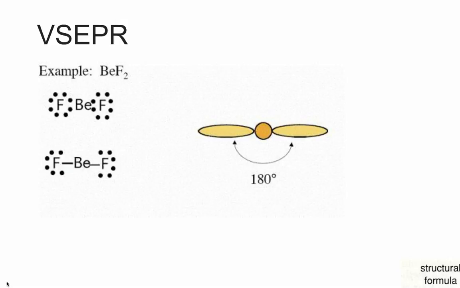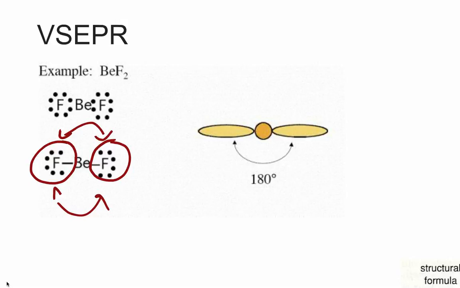We have this fluorine that has an electron cloud, and this fluorine that has an electron cloud, and they're repulsing each other. In fact, even the shared pairs between them are repulsing each other. So these fluorines are not going to be right next to each other. They're going to be spread out as far as they possibly can in space.